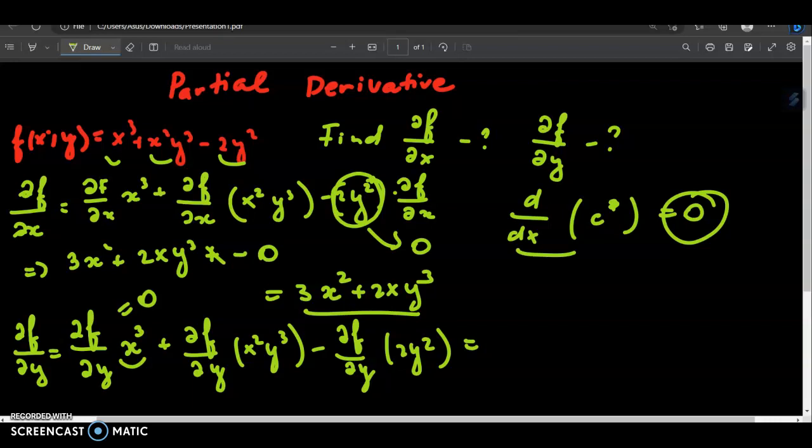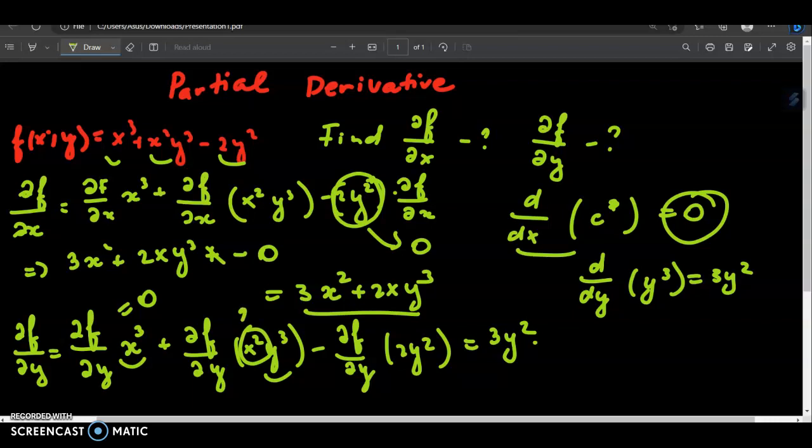Then this part is going to be 3y squared, because we have y cubed, and the derivative d over dy of y cubed is 3y squared. x squared is a constant, so we don't pay attention to it. We just ignore it.